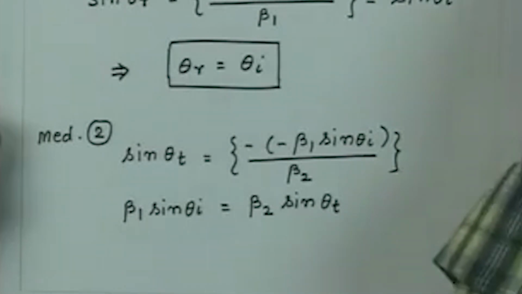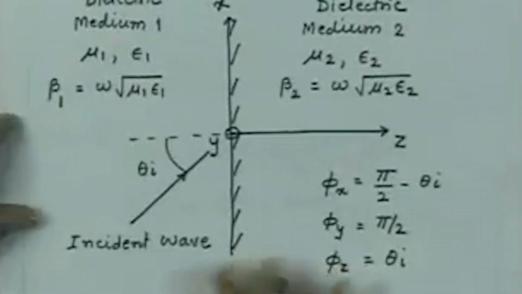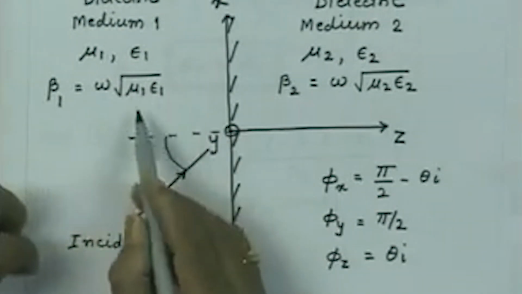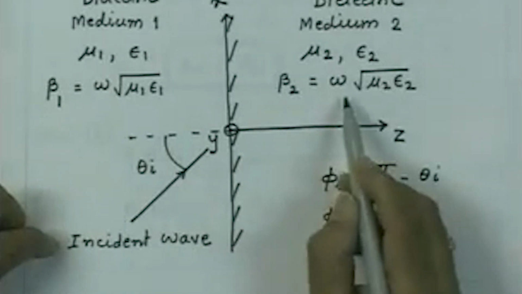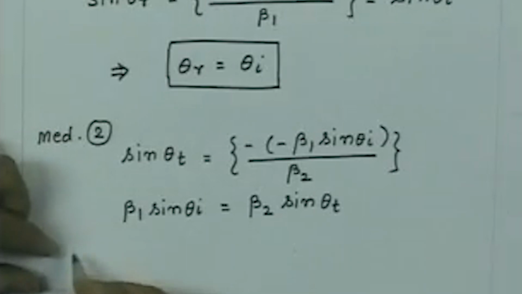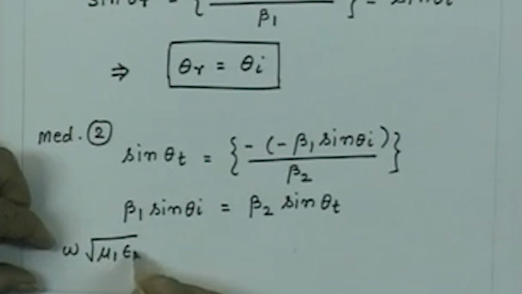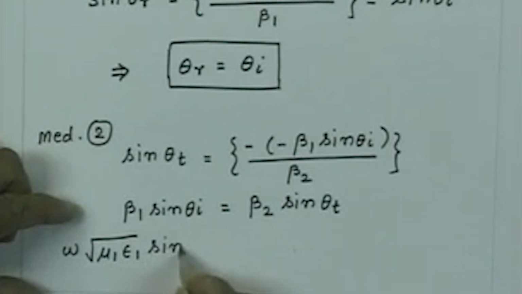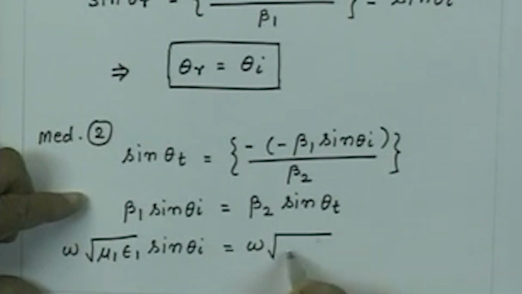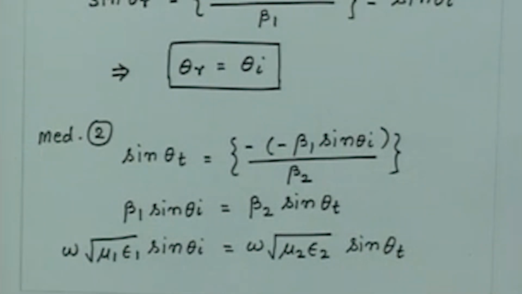And we know beta 1 is omega into square root mu 1 epsilon 1, beta 2 is omega square root mu 2 epsilon 2. So, if I substitute, this will be omega square root mu 1 epsilon 1 sine of theta I, that is equal to omega square root mu 2 epsilon 2 sine of theta t.